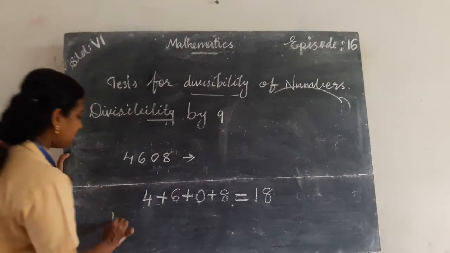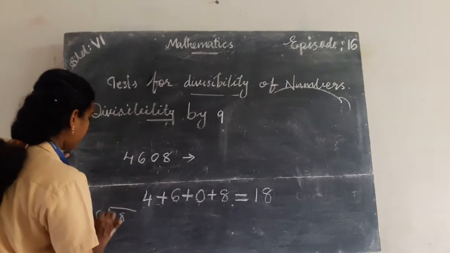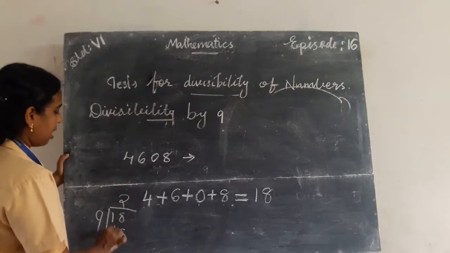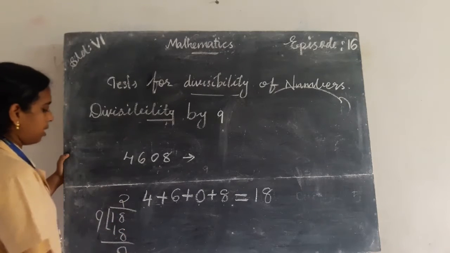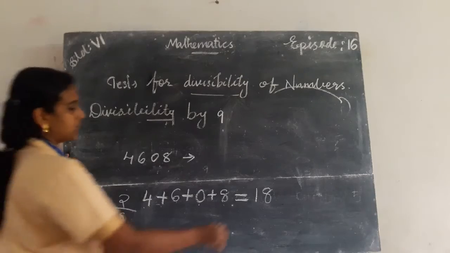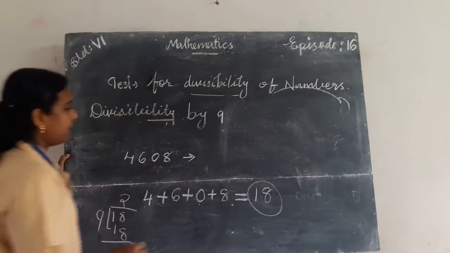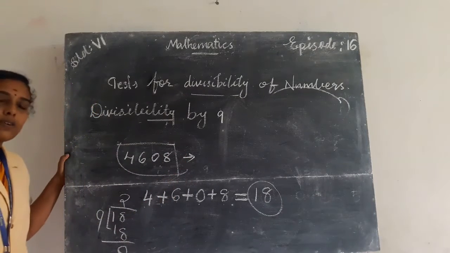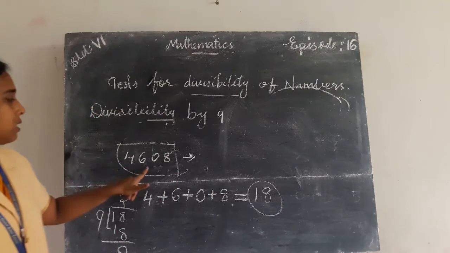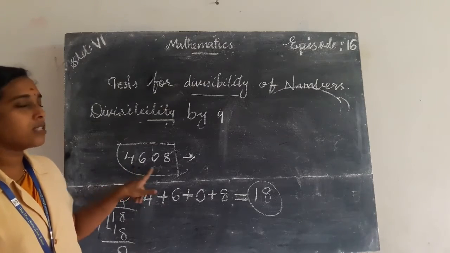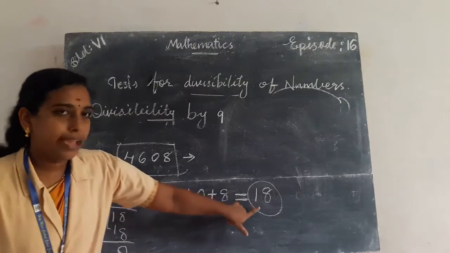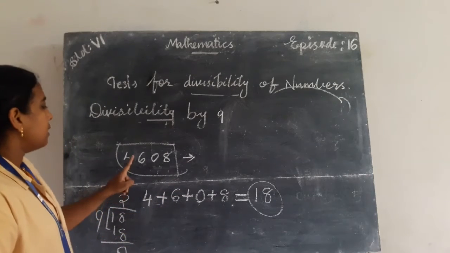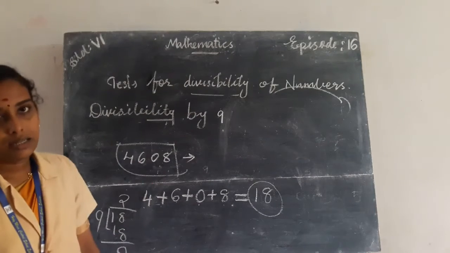So, 18 divided by 9, we get 2 nines are 18 and the remainder 0. Then we can say that 18 is divisible by 9, so we can say that this whole number is divisible by 9.